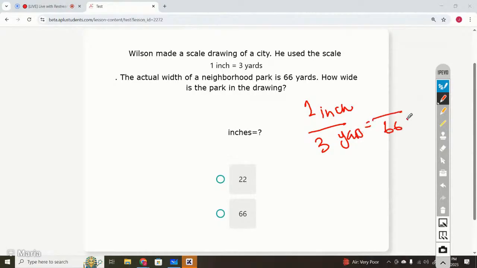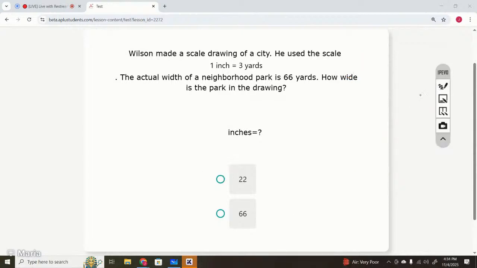So we need to calculate what number times 3 makes 66. 3 times 22 makes 66, right? So 1 times 22 is 22 inches. Option number 1 is the correct option.